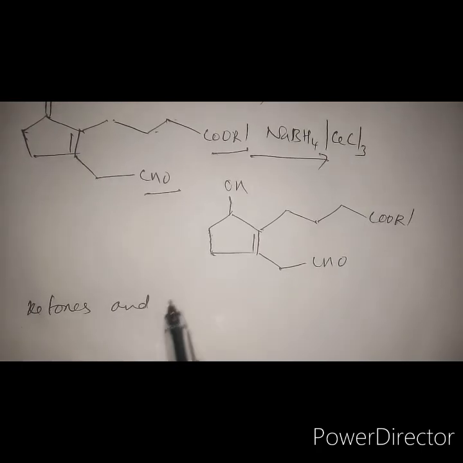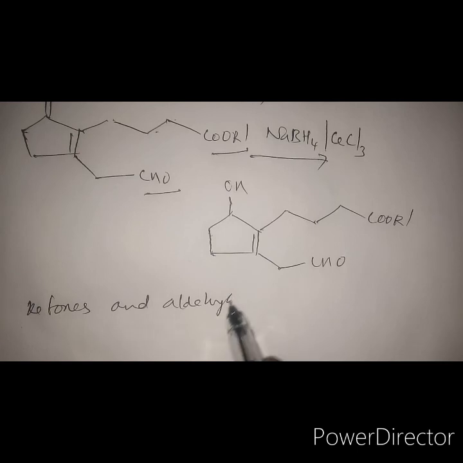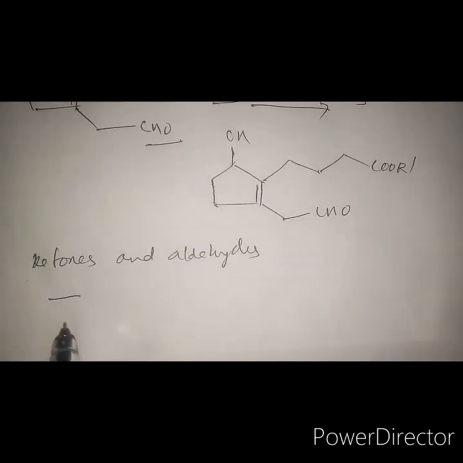Sodium borohydride is chemoselective. It only selectively reduces ketones and aldehydes. Other functional groups will be unaffected. Say for example, COOEt, this is a ketone, sodium borohydride.